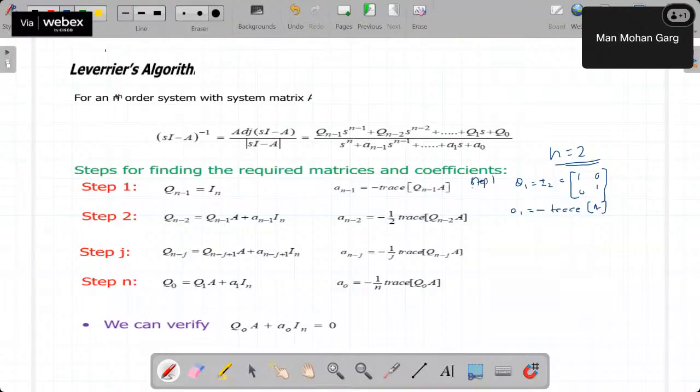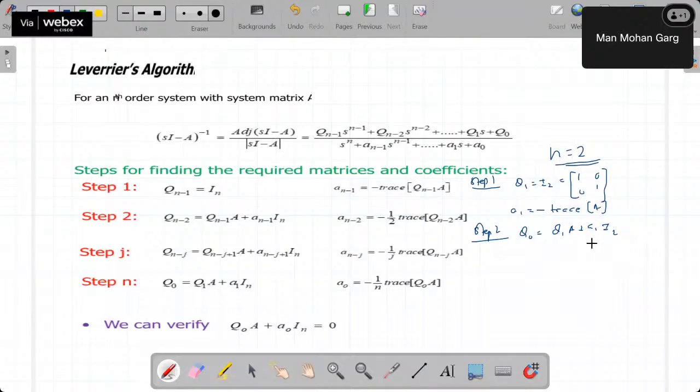Now what is step 2? Step 2 is you just put n equal to 2. So you come to Q naught, Q1 A plus A1 I2, that is Q naught. So Q1 we know already, A we know already, A1 we know, I2 we know.